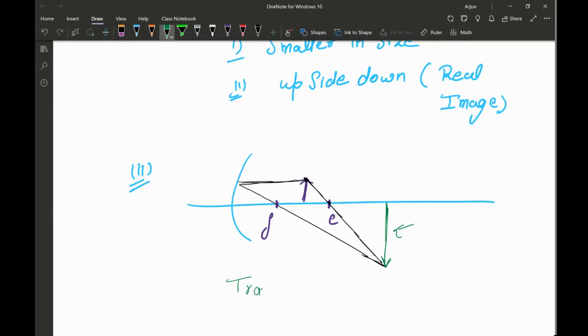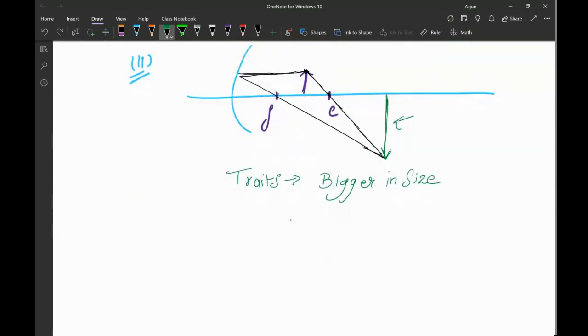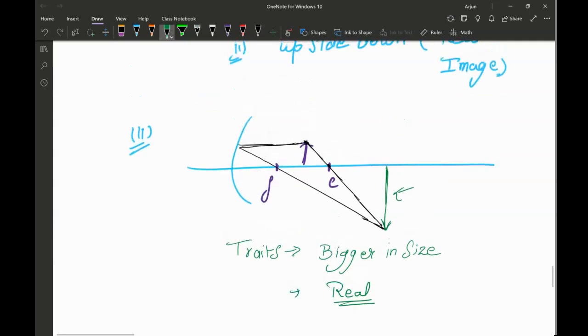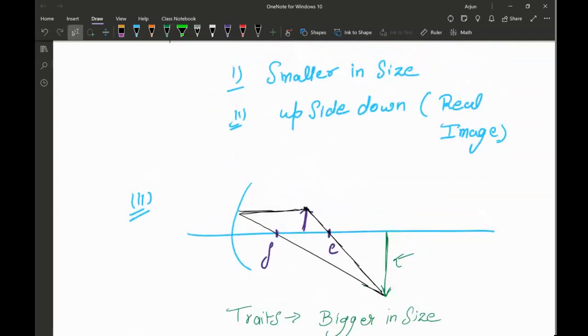So the traits will be: bigger in size, and the second trait is that it is a real image, because this is upside down, so that's why it is called a real image. So this was the case when the object was placed between the center of curvature and the focal point.